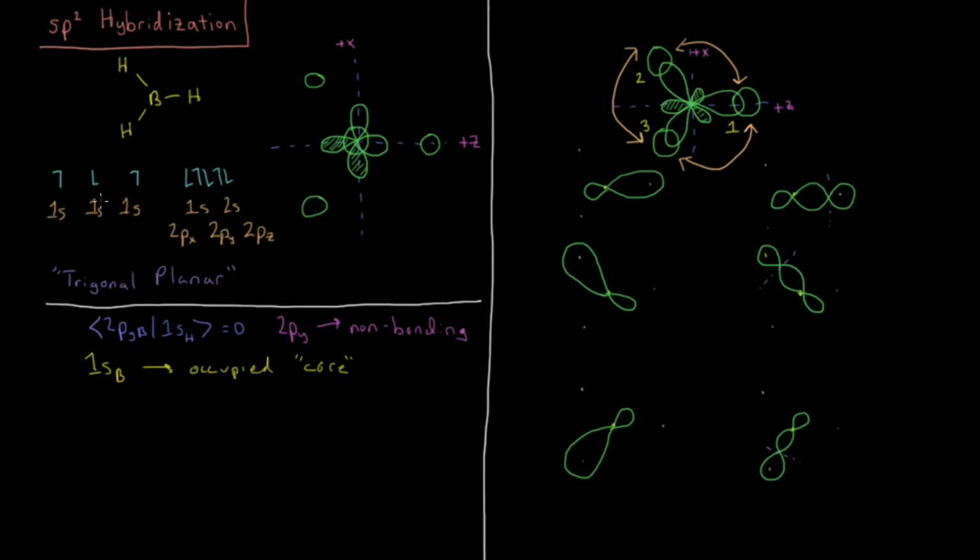Okay, so once again, like in the previous case, we want to generate a set of 3 orbitals that will be pointing in the correct direction towards bonding with each of the hydrogens, and that will be orthogonal to one another.